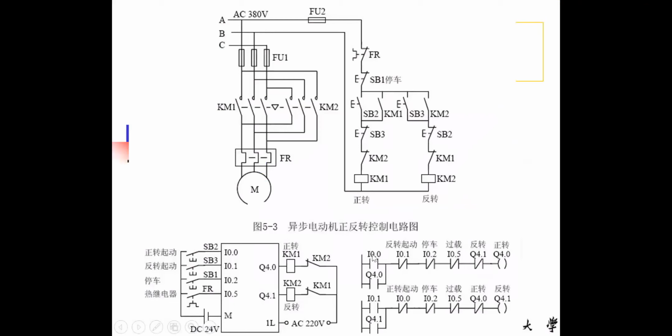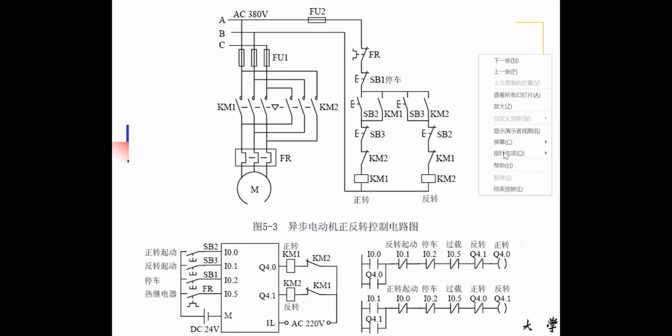And this one is a start button for forward running of the motor, and this is the stop button. And this one is the interlock for the start button. And this is for the running state interlock.